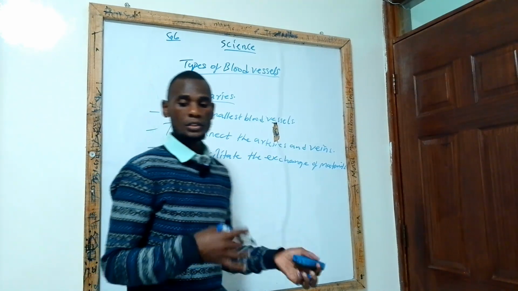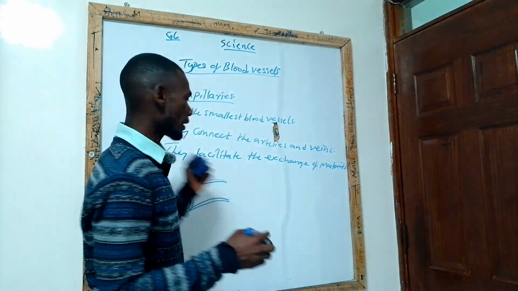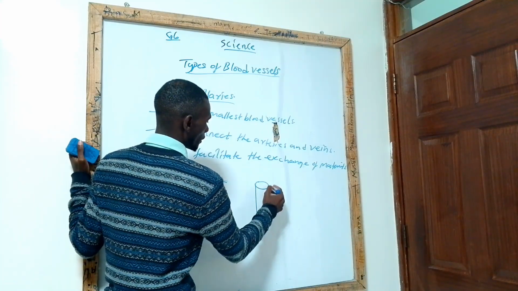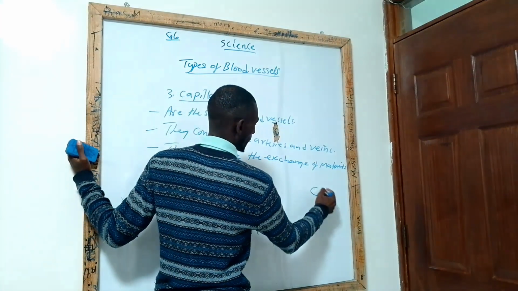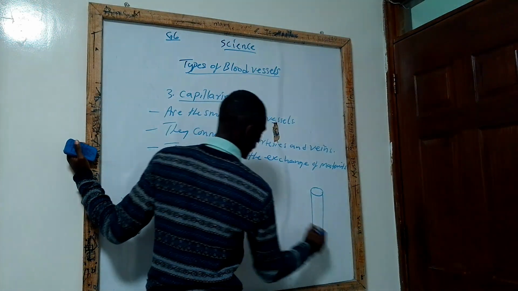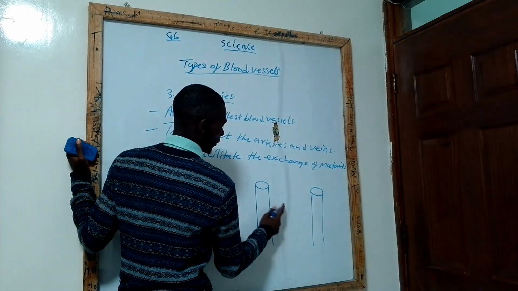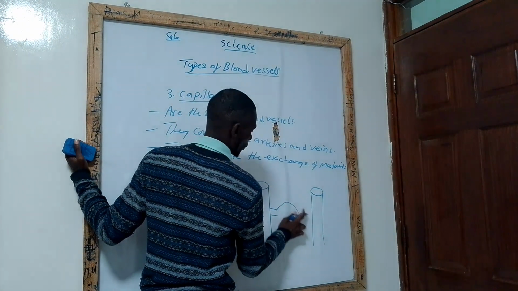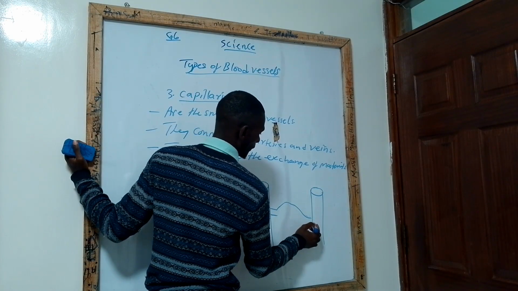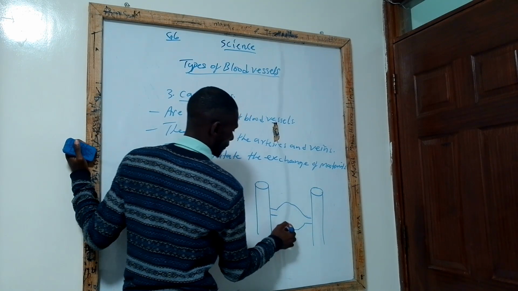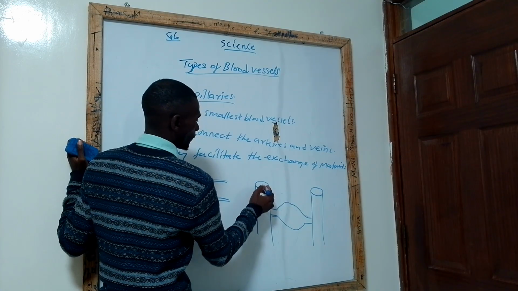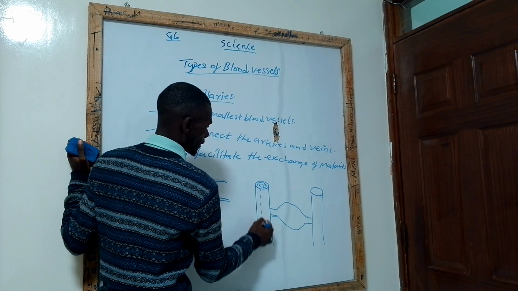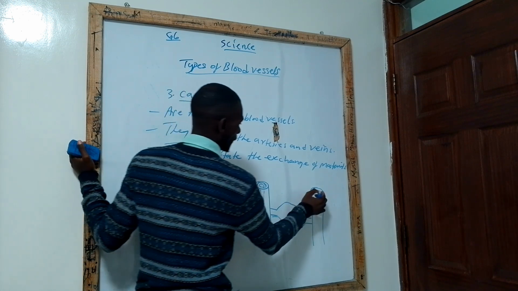So we have said that they join the veins and the arteries. If we have the vein like this, remember veins and maybe artery this side, this is how it joins them. This is the artery, and this is the vein.